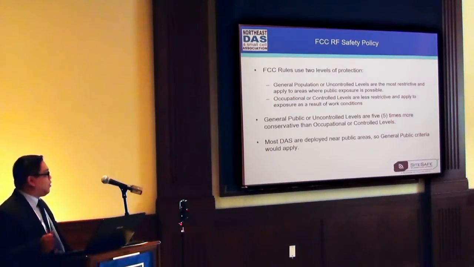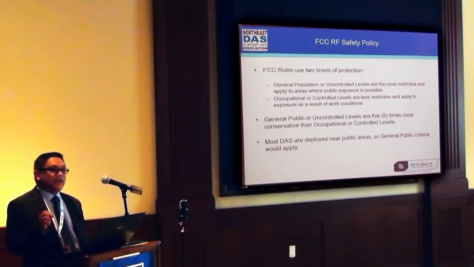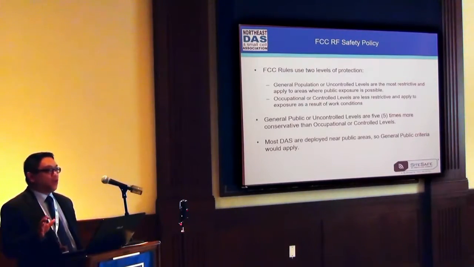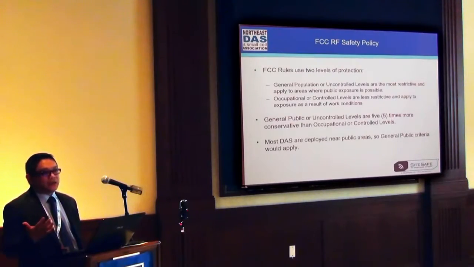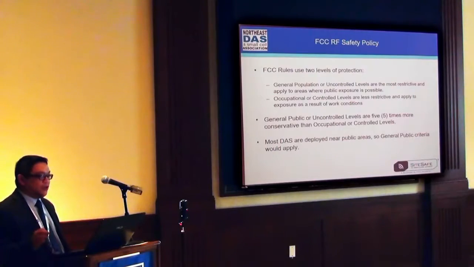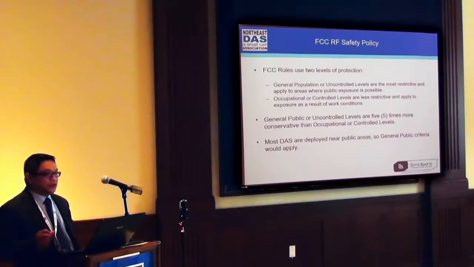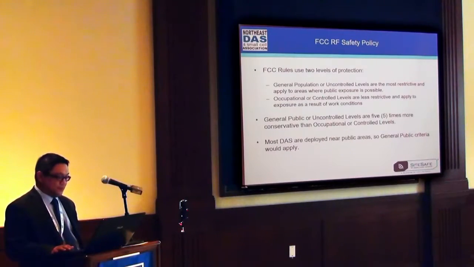The other one is the controlled level, the occupational level, which is the level where you can work, and it's not for the general public. Typically, the uncontrolled levels are 5 times more conservative than the occupational or controlled level.